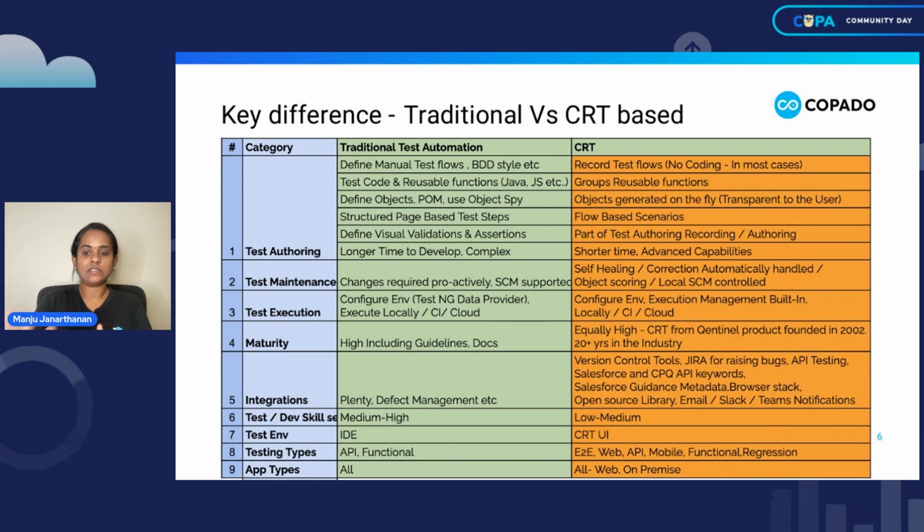So you have Salesforce metadata, and you can integrate it with BrowserStack for your mobile testing. It is really cool. You'll be able to do all your testing in one place using all the different integrations. And one very good thing is your open source library, where you can write your custom keywords.